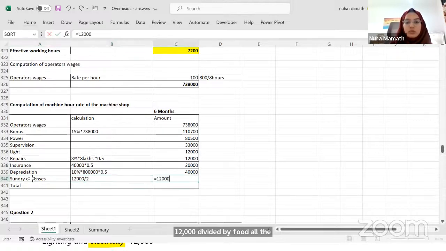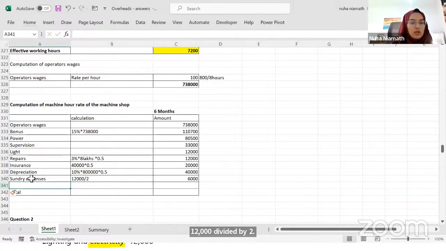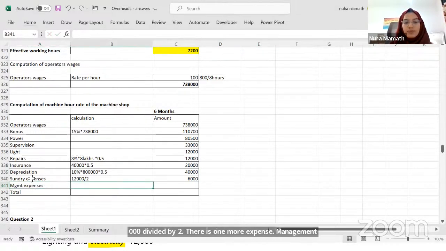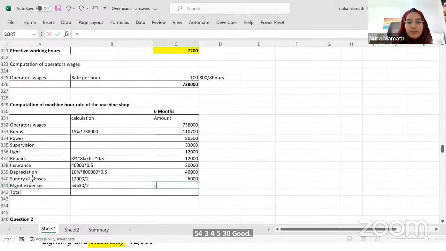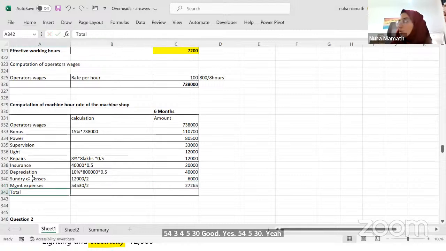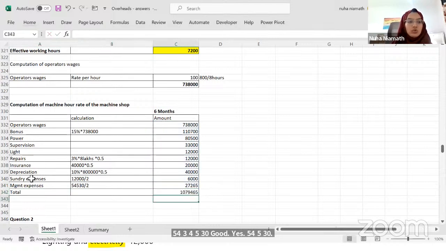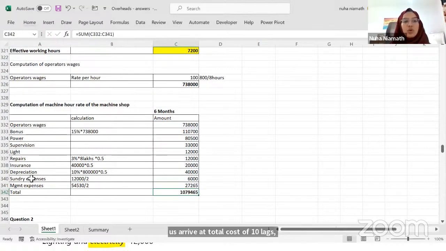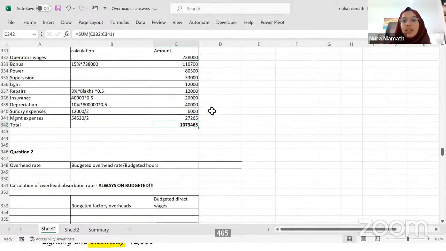So that's 6,000. And there is one more expense, management expense. 54,530 divided by 2. So this will help us arrive at total cost of 10,79,465. Has everybody arrived at this cost?